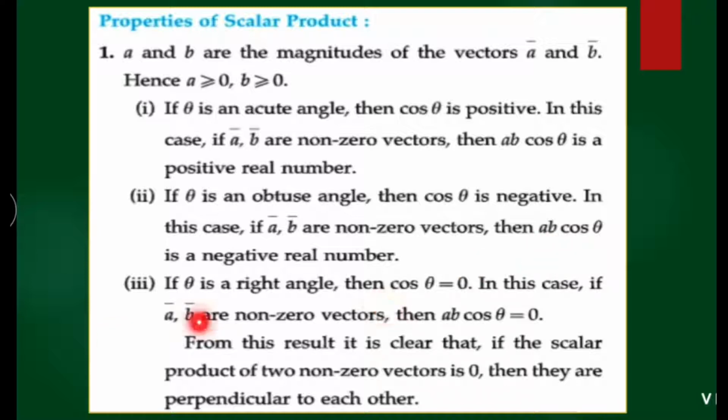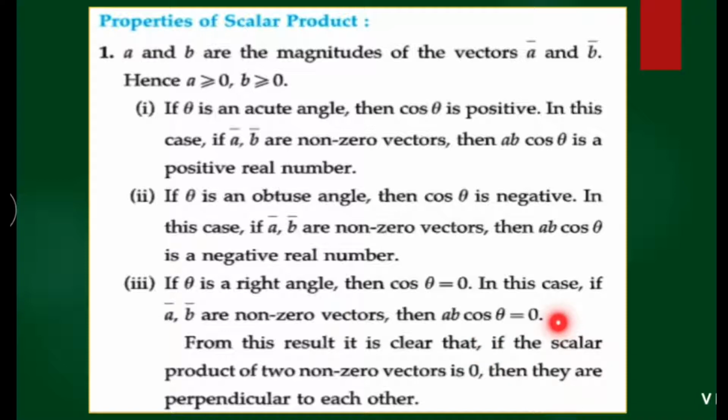If theta is a right angle, then cos theta equals 0. We know that cos 90 is 0. In this case, if vector A and vector B are non-zero vectors, then AB cos theta equals 0. That means the scalar product of those two vectors is 0.